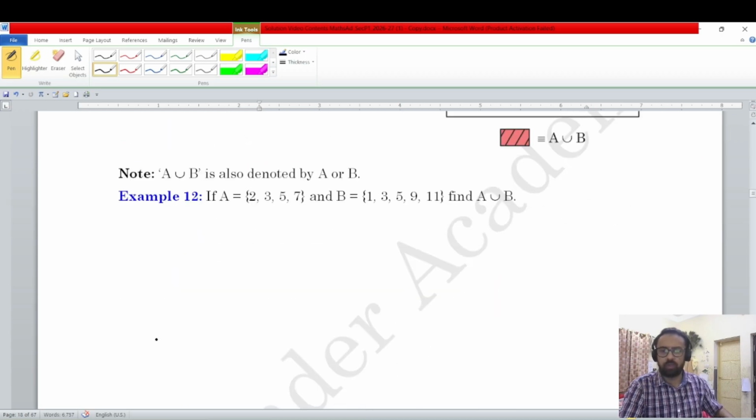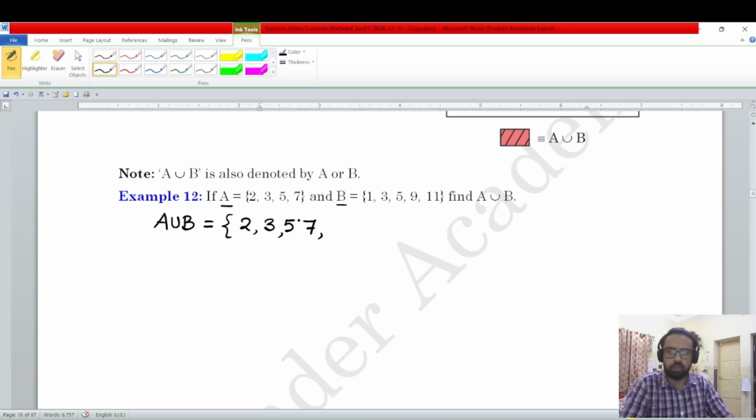Now if I give an example, say for example A equal to this, B equal to this, and find A union B. So what will be A union B here? What is the simplest way of writing? Write all the elements of A: 2, 3, 5, 7. Then check, is there any element in B which is already written here?